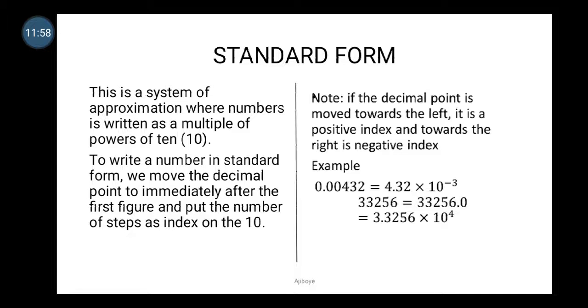On the other hand, if the decimal point is moved towards the right, it is a negative index. So for example, 0.00432 in standard form will be equal to 4.32 times 10 raised to power minus 3.